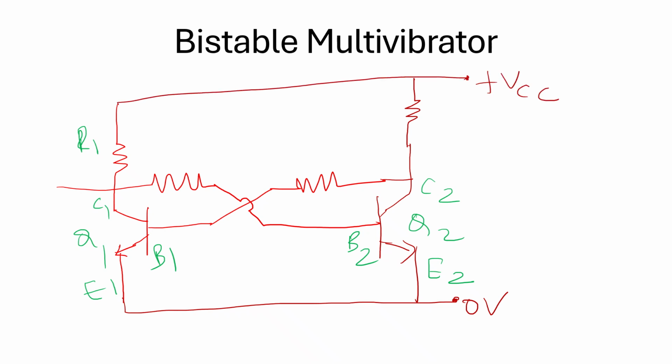Supply it with plus VCC. Naming, let R1 be the resistor connected to the collector terminal of Q1 transistor. R2 and R3 resistors are the oscillatory components. Let R4 be the resistor connected to the collector terminal of Q2 transistor.